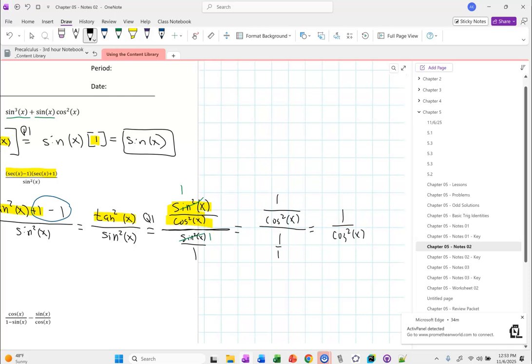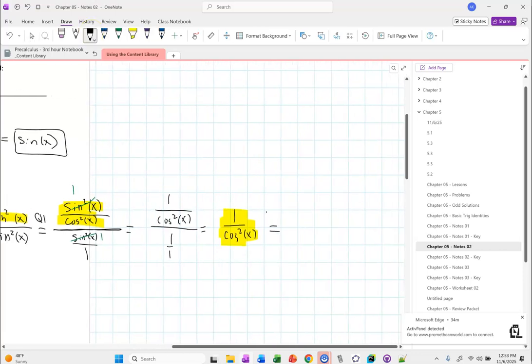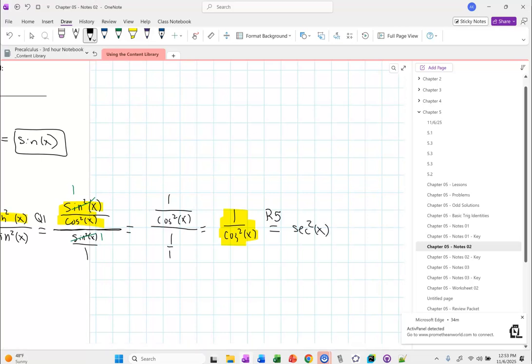Do we see 1 over cosine involved here? Yes. I see R5 that says 1 over cosine is equal to secant. So 1 over cosine squared is going to be equal to secant squared. And can we do any better than one thing? Nope. We'd be done.